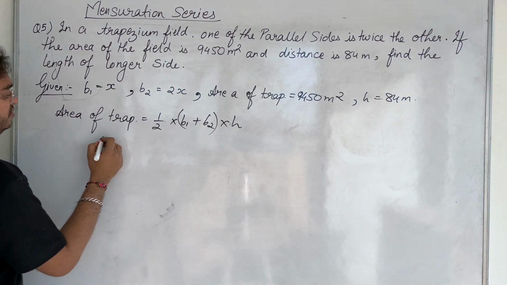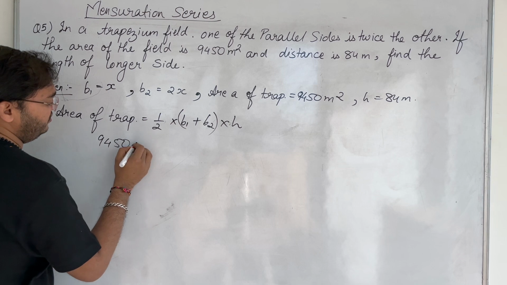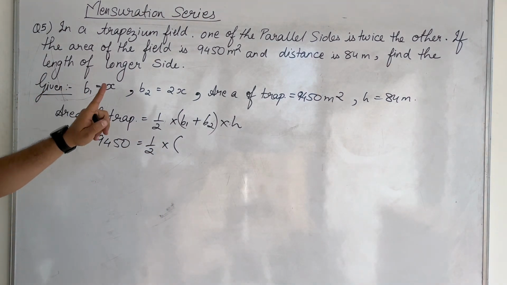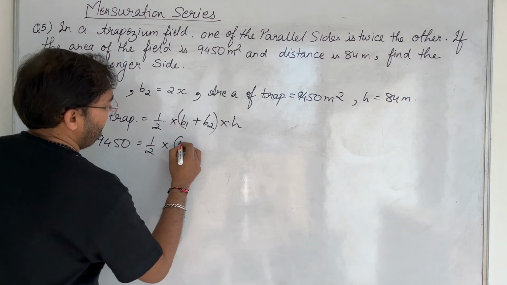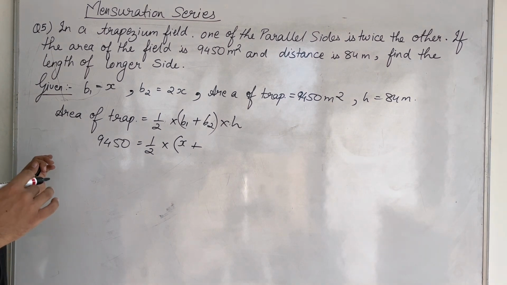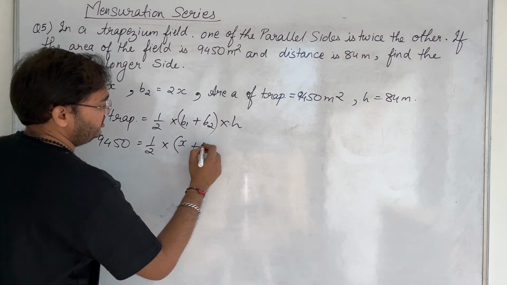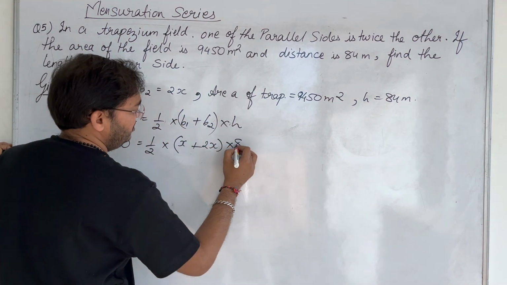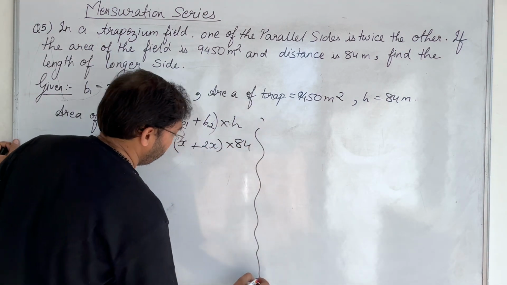Area of trapezium is known to us, that is 9450, which is equal to half into b1. Here we will take b1 as x because it was unknown, plus the second parallel side b2, which was twice, that means 2x, into what's my height? Height is 84.